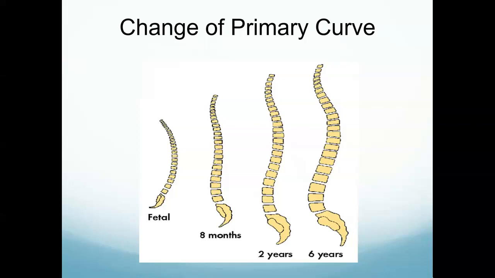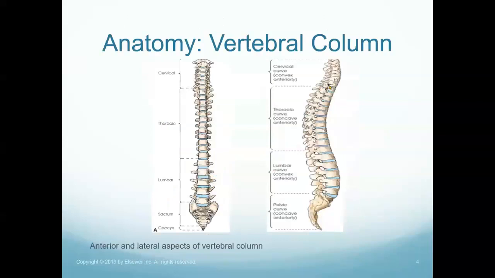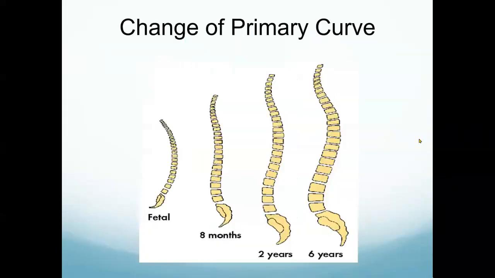Questions? So we can see that throughout our growth in the fetus, we have a forward curvature. Don't lose sight that in this one the patient is facing towards the right, and in this one they're facing towards the left. So, forward curvature, kyphotic curvature, primary curve.